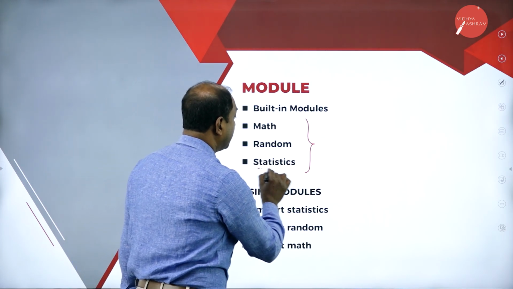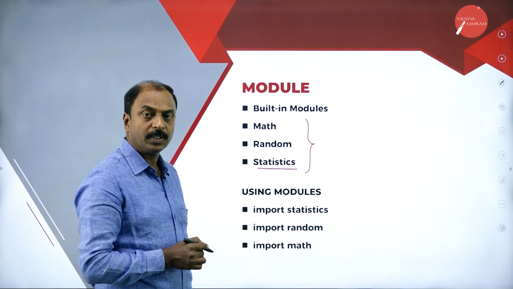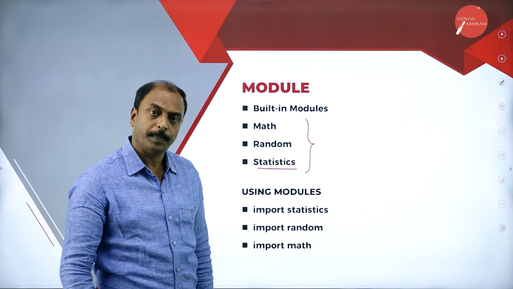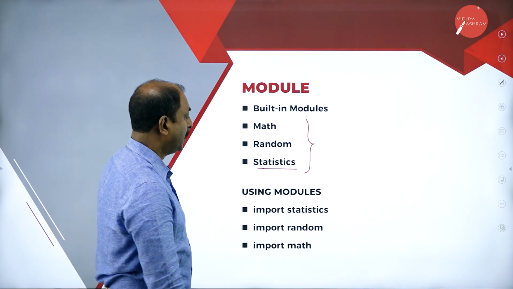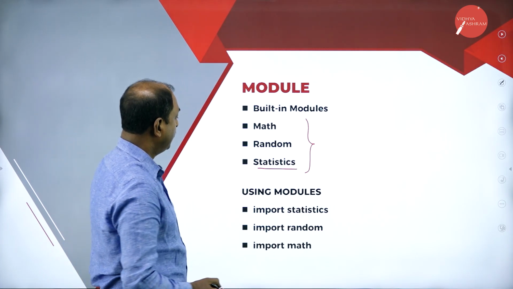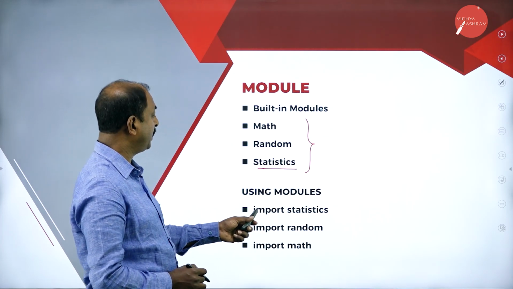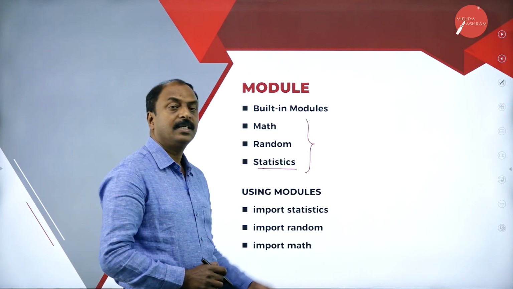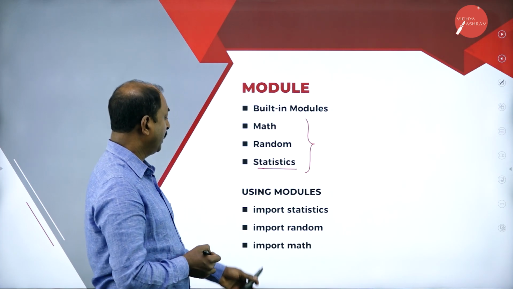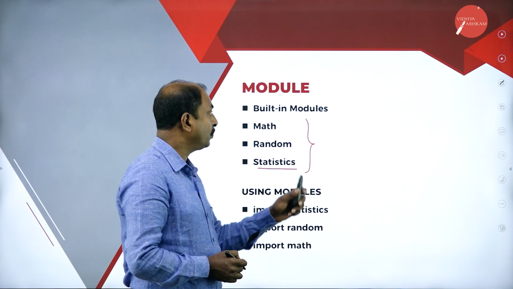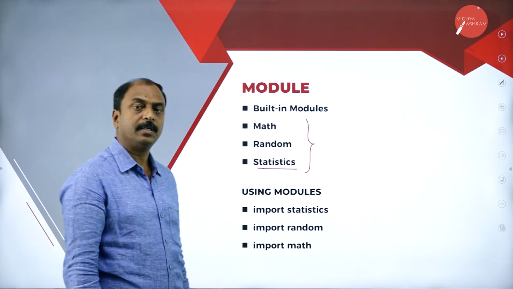And the statistics module consists of a few statistical functions that can be used in Python programming. So how do we use these modules? Suppose we want to use the statistics module, we use the word import statistics at the beginning of the program. Similarly, import random, import math. This is how to use modules in a Python program.